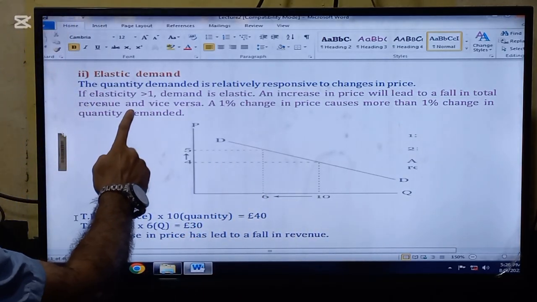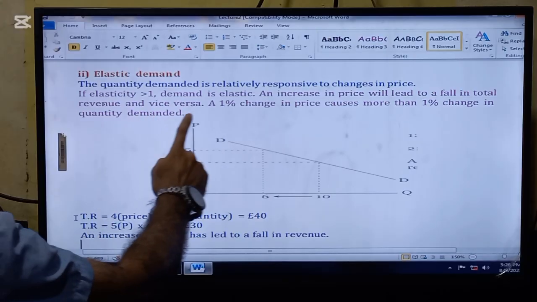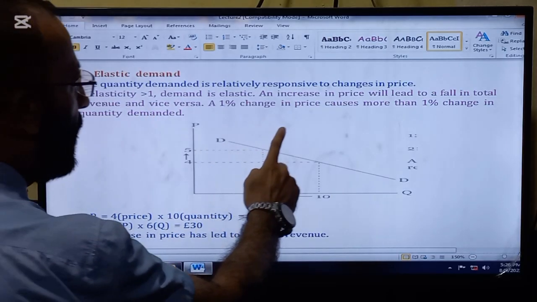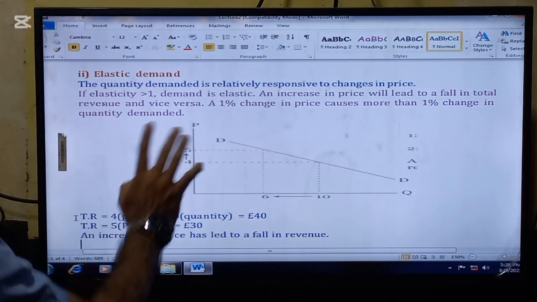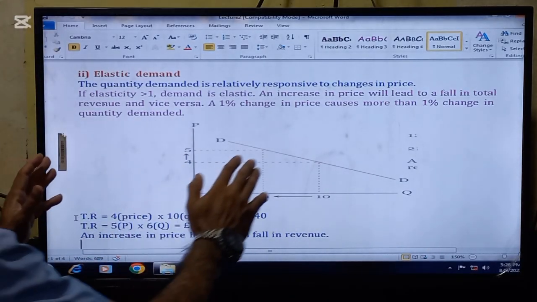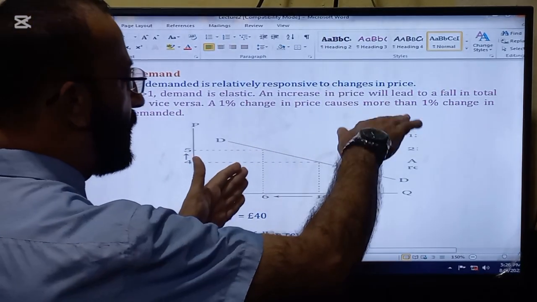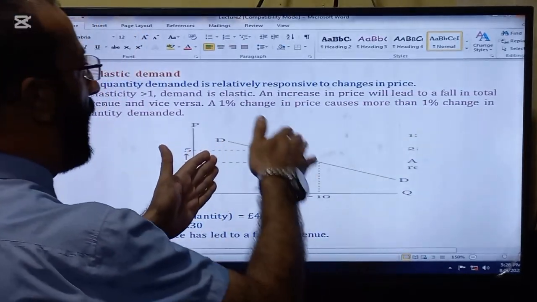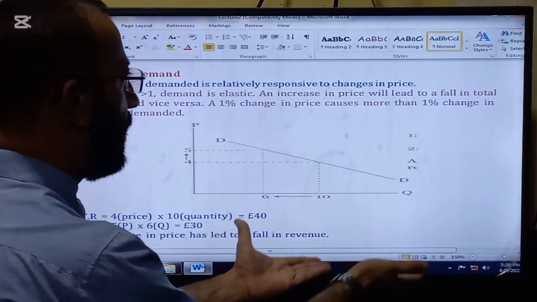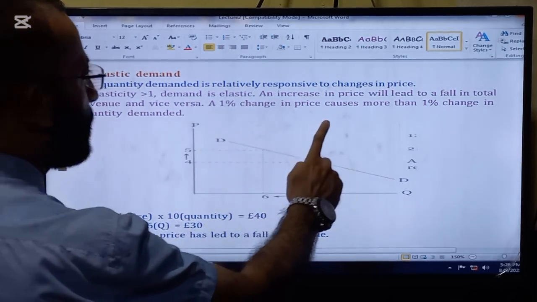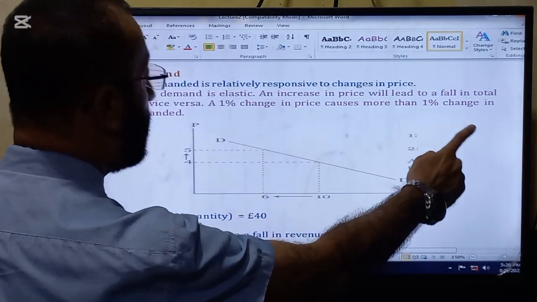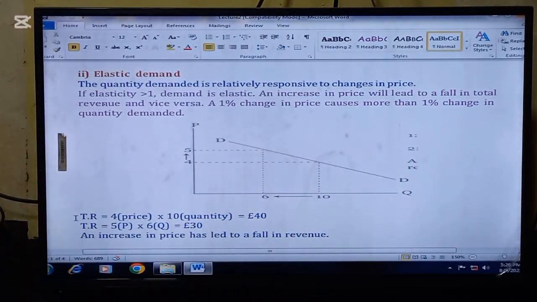If elasticity is greater than 1, demand is elastic. An increase in the price will lead to a fall in total revenue and vice versa. So if the price is increased, demand will decrease, and if price is decreased, demand will increase. A 1% change in the price causes more than a 1% change in the quantity demanded.